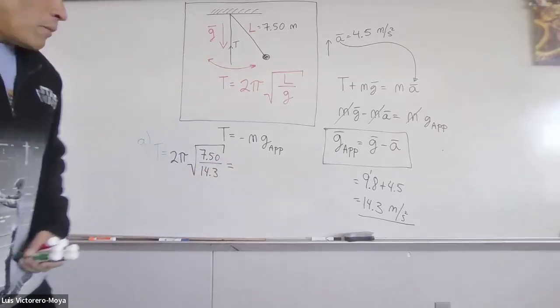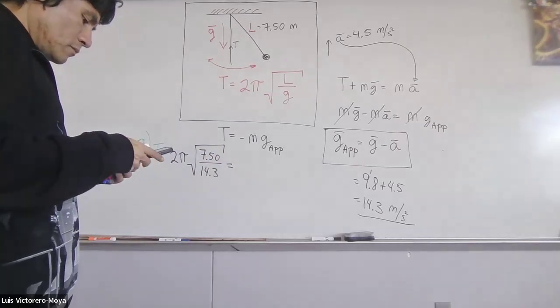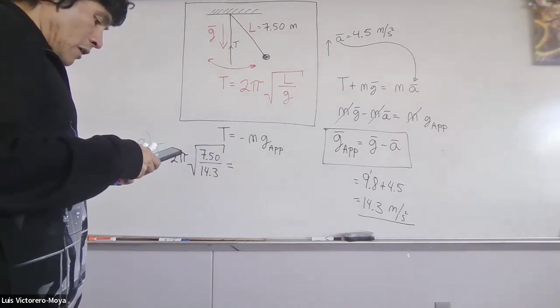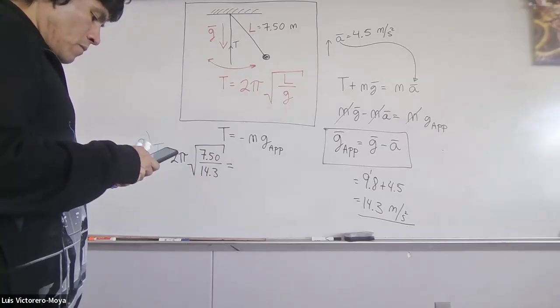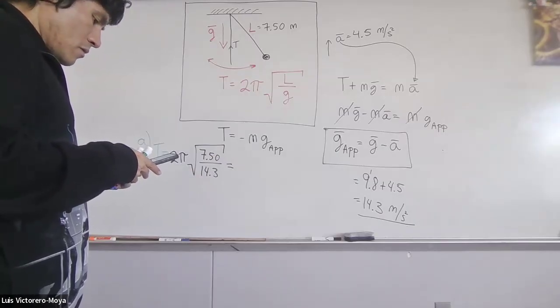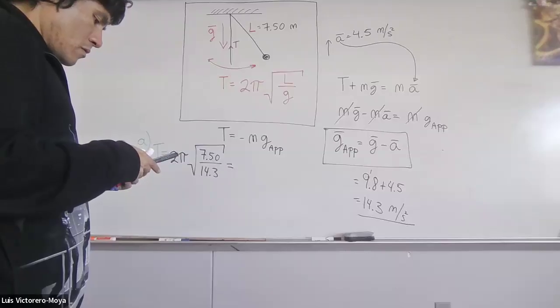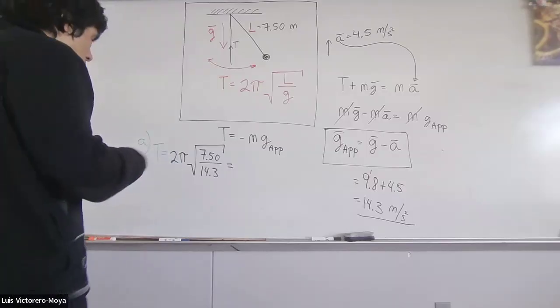That's if the elevator is going upward. We're going to see what happens when the elevator is going downwards. So here I have to use a calculator, because it's 4.53.